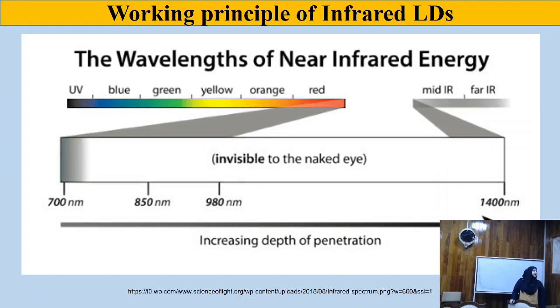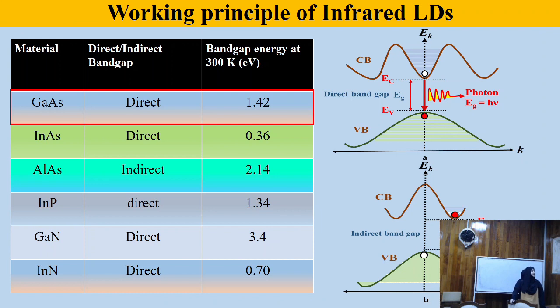So I am working on the near infrared laser diode. Near infrared laser diodes have wavelengths from 780 nanometers to 1400 nanometers. They have high energy and short wavelength. So next we have direct and indirect band gap materials. Some materials have a direct band gap, and some materials have an indirect band gap.